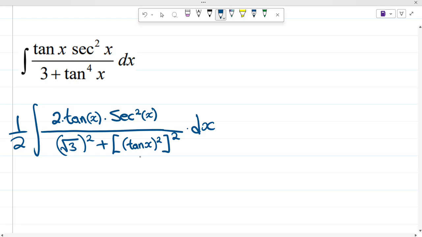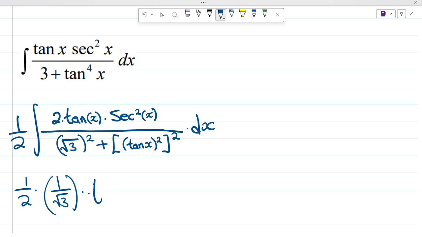And then from here we can conclude, because we have the derivative of tan to the power 2 on our numerator, this is the derivative of what? Of tan inverse. So the answer for this integral is just 1 over a, our a being root 3. So let's take this 1 over 2 to our answer. 1 over 2, then 1 over a is going to be 1 over root 3 multiplied by tan inverse, right?